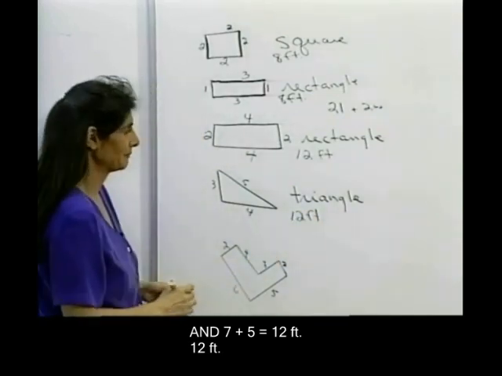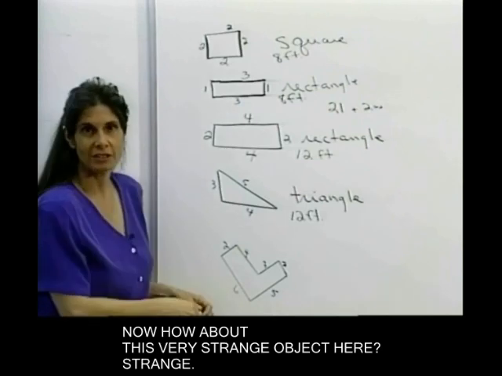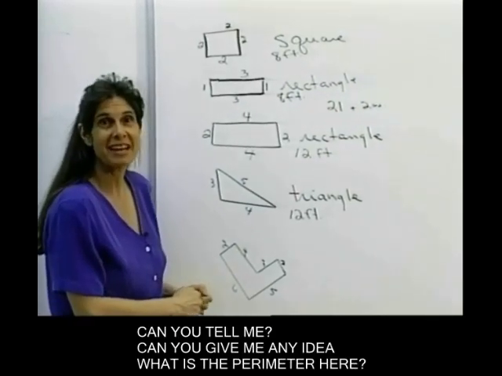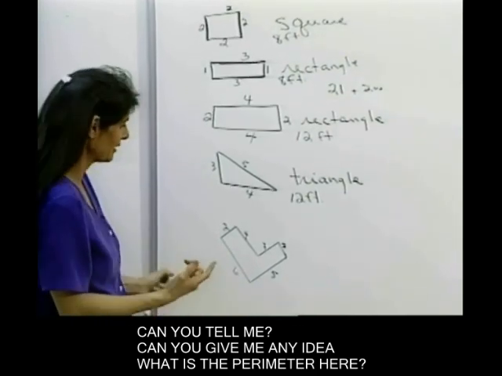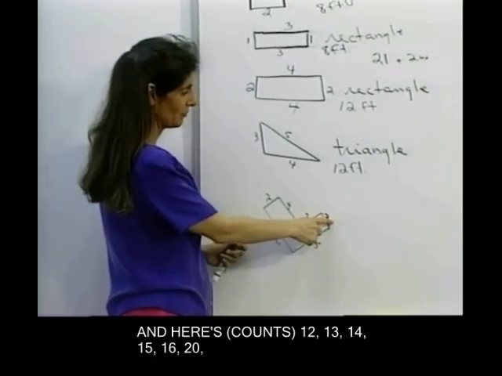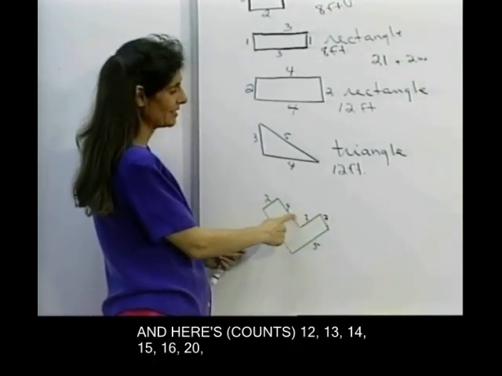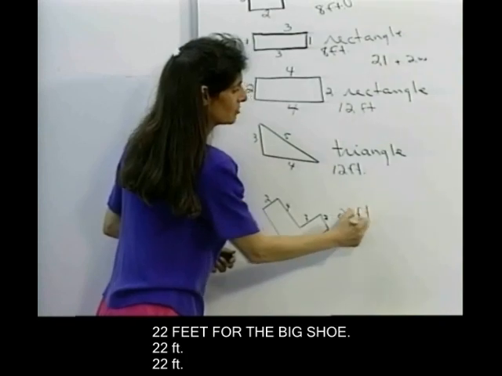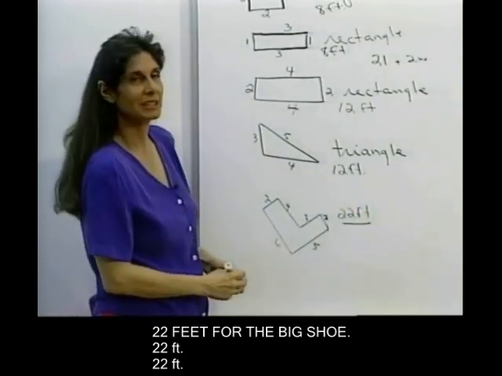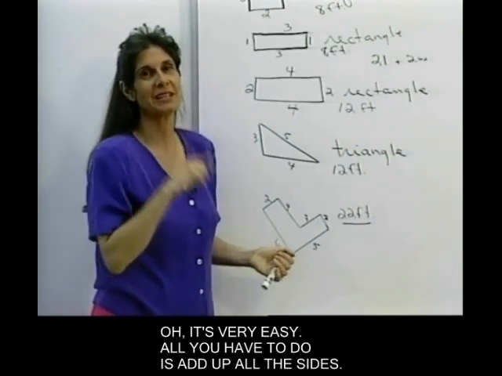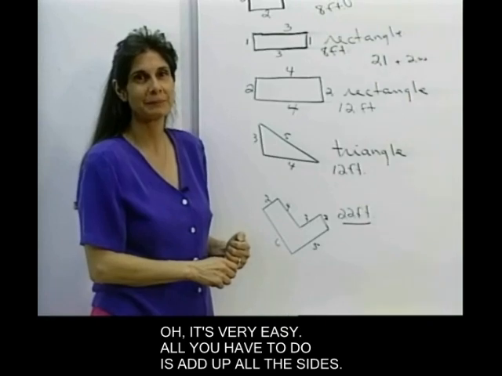Now, how about this very strange object here? Can you give me any idea of what is the perimeter here? It would be 6 and 5 is 11, and here's 12, 13, 14, 15, 16, 20, 22 feet for the big shoe. So how do you find the perimeter? Oh, it's very easy. All you have to do is add up all the sides.